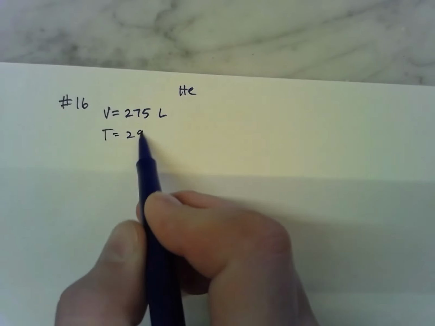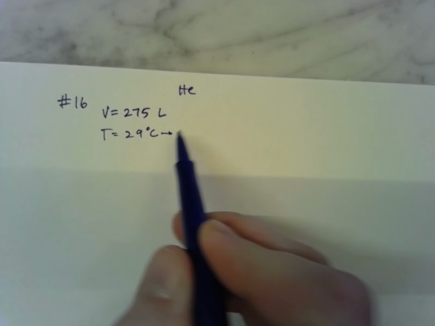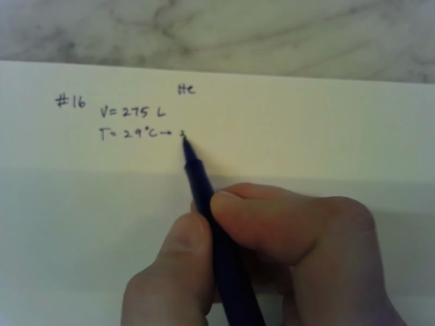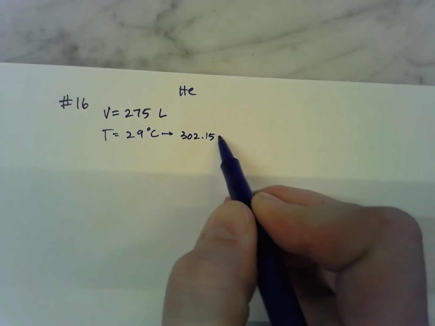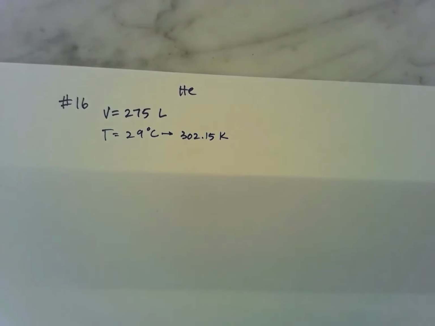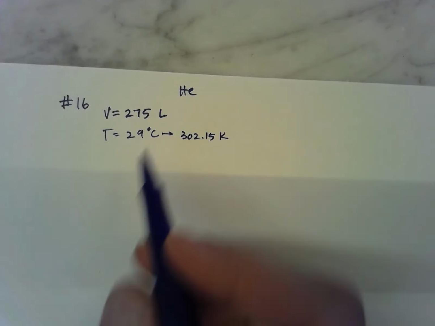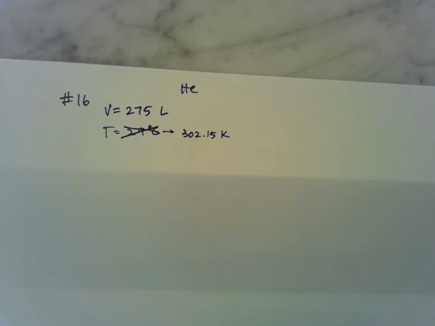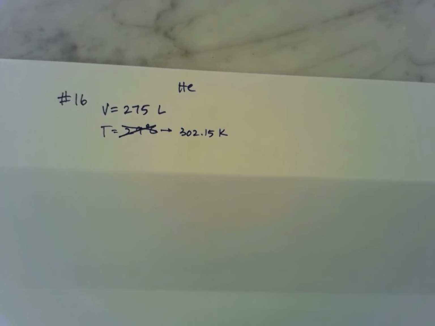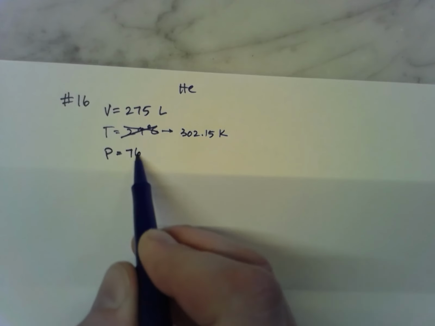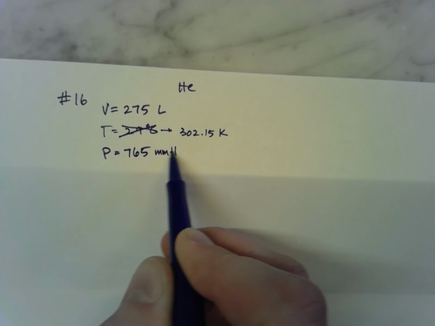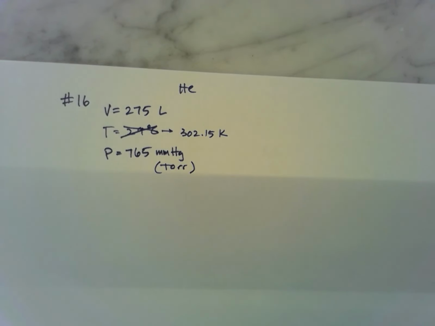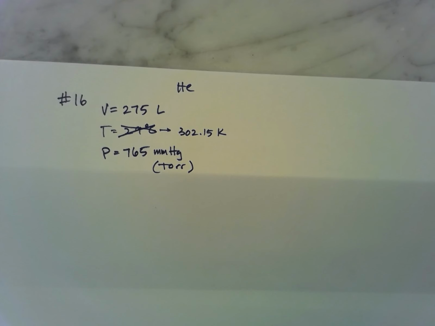Temperature is 29 degrees C. I'm just going to go ahead and convert that. You don't want to risk forgetting something, because that's such an easy thing to do. So now I'm going to cross this out so I'm not tempted to use it. And then pressure is equal to 765 millimeters Hg. And I'll write torr here so we can remember that.